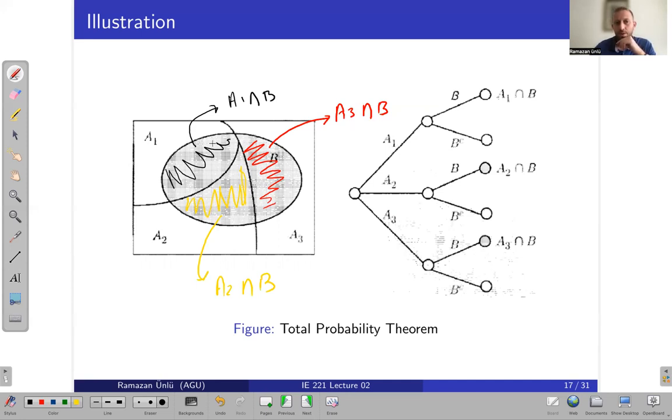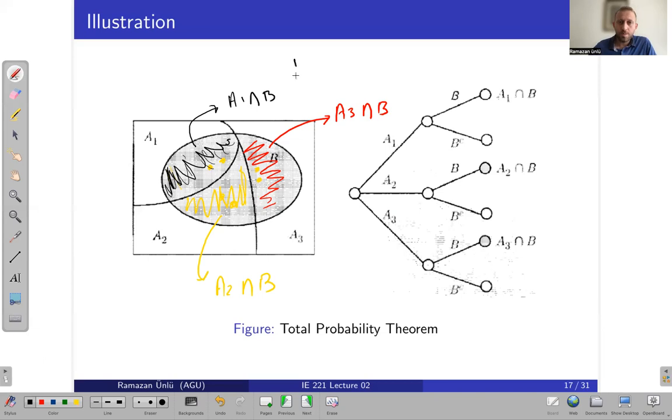Let's say I randomly choose one of them, and I'm asking what is the probability that this point belongs to A1? So what is the probability of this part?